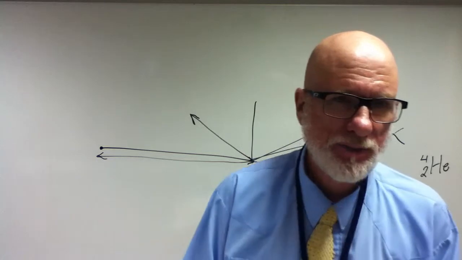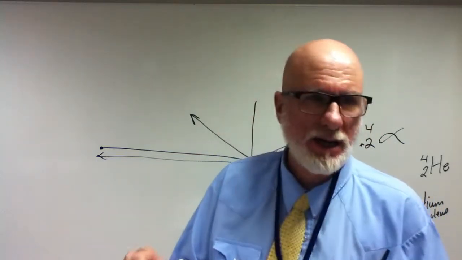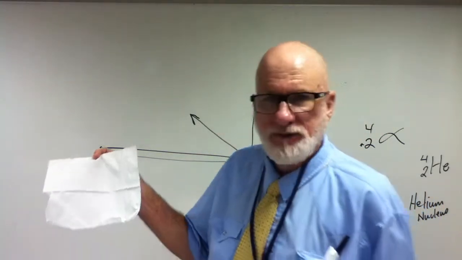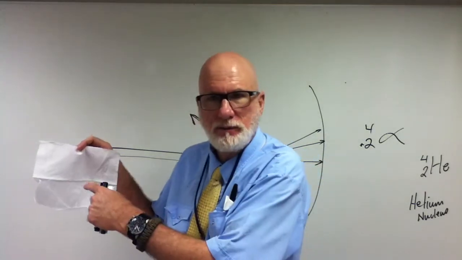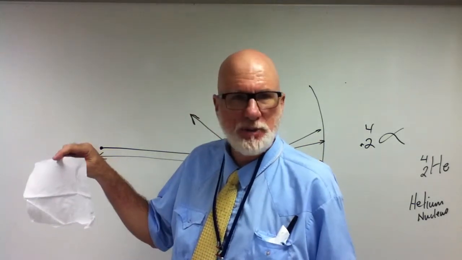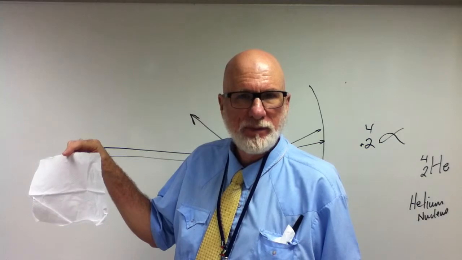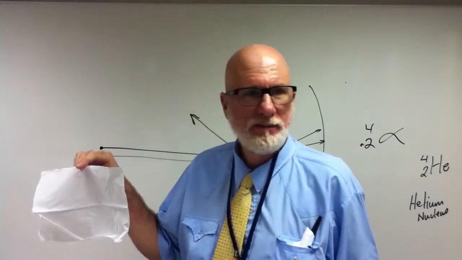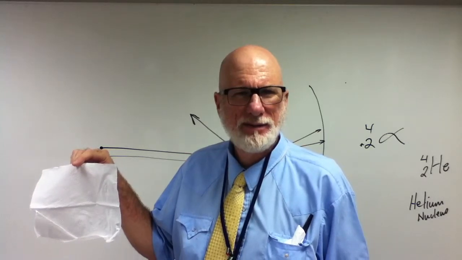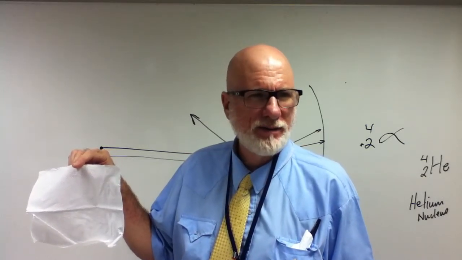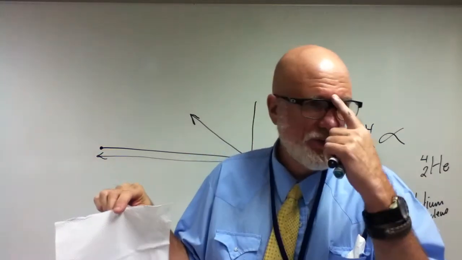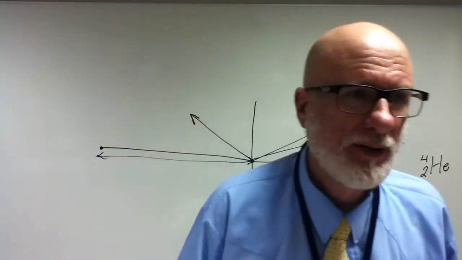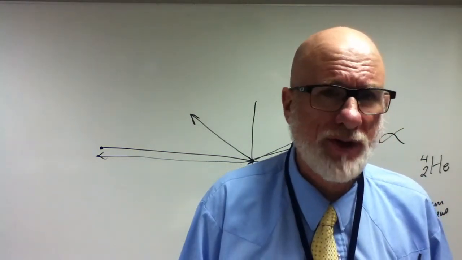Can you imagine this? It's not a gun. It's like an artillery shell. A 15-inch artillery shell being shot at a piece of tissue paper, and the shell bouncing back at the artillery piece. You're looking at me like I'm crazy, but that's what it was like in terms of the forces involved, in terms of the momentum and the forces involved.